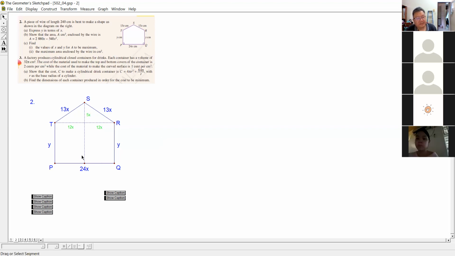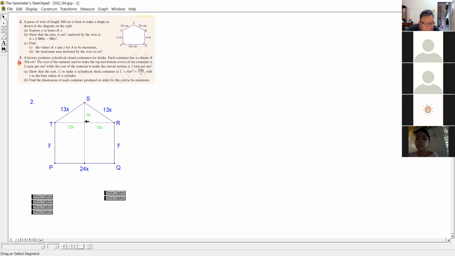Then how do I know this one is 5x? Pythagoras theorem, right? You draw this imaginary line. Now this dotted line again is not given by the question. The dotted lines here I draw myself. When I draw these lines, I found out that this is actually an equilateral triangle.